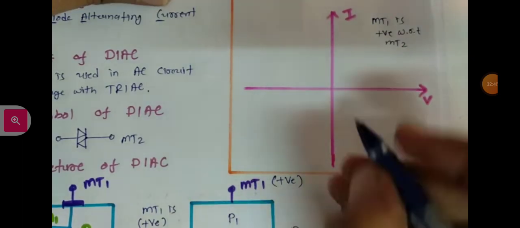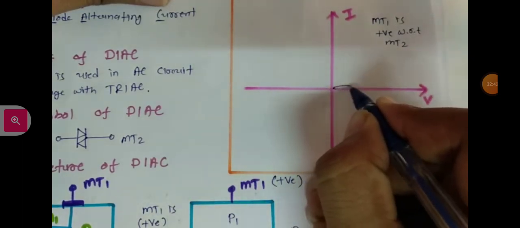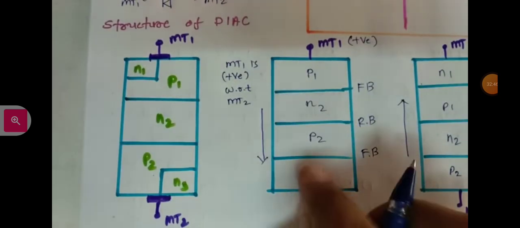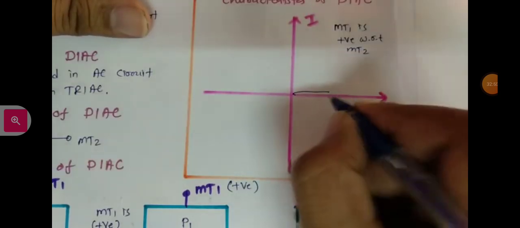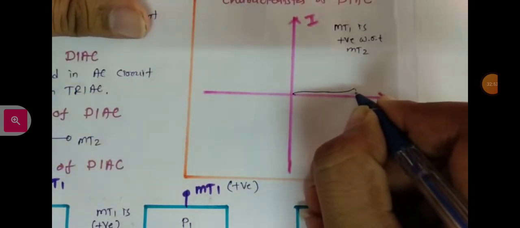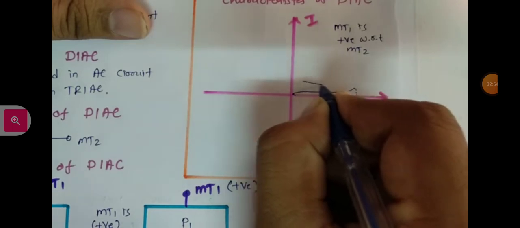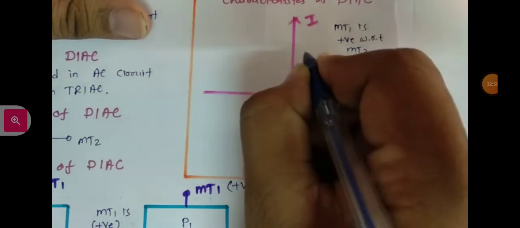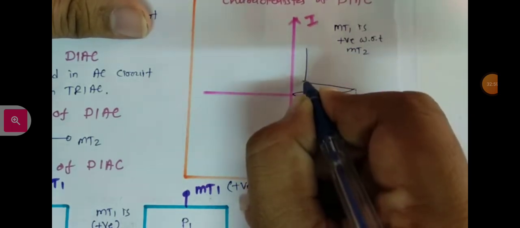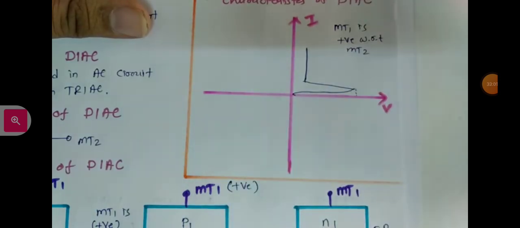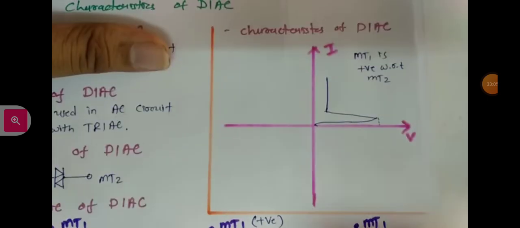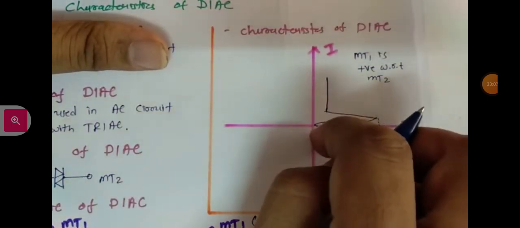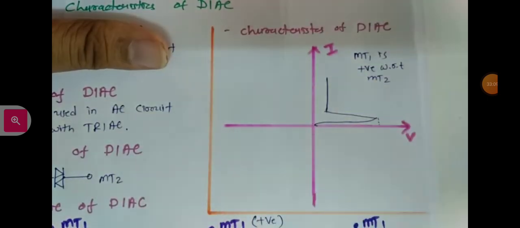In this case initially there will be no flow of current, and that is happening because the P2 N2 junction is in reverse bias, and once that junction has breakdown, there will be a flow of current, as we have observed in SCR's characteristic, and that is how its functioning is. And the direction of current is in this direction, which we have considered to be positive.